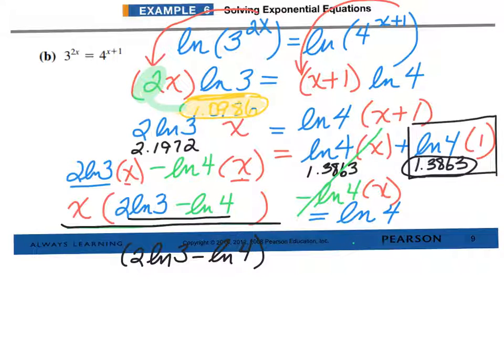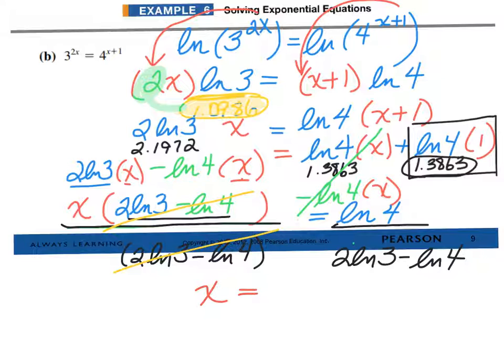Because remember, this is not variables, this is just logarithms, which means it's just numbers. So as usually happens, on the left-hand side, the factor that we divided out cancels, and we're left with simply x.